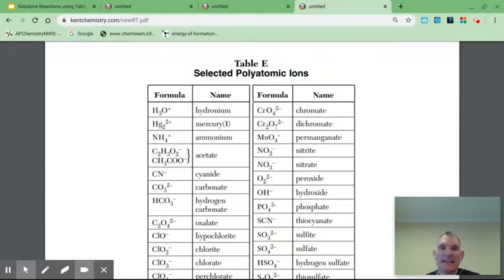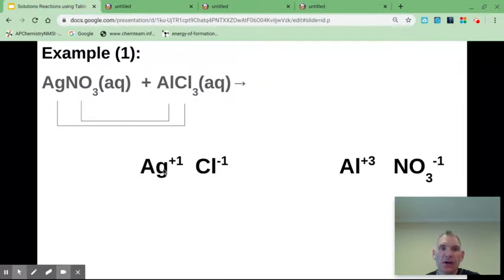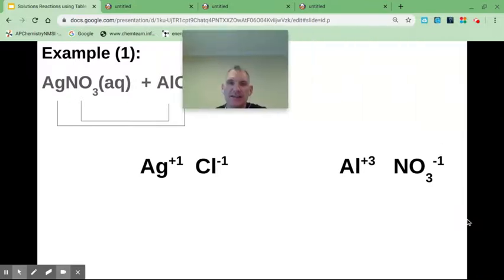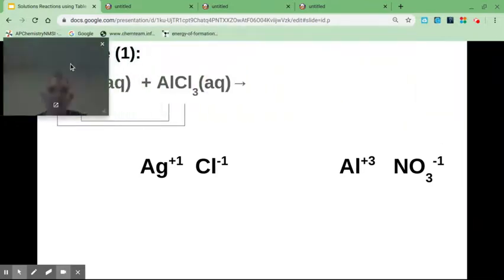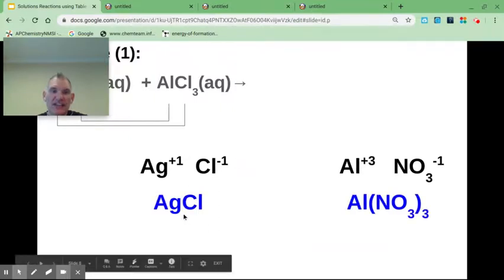So what that tells me is these are my starting points. That's step 1. Now I want to carry out my swap and drop process, and I'll move this over to here. And on this side, notice that they're both 1s. So that's going to give me AgCl.